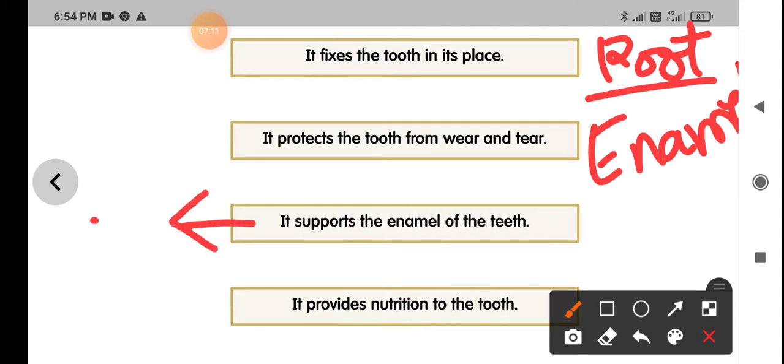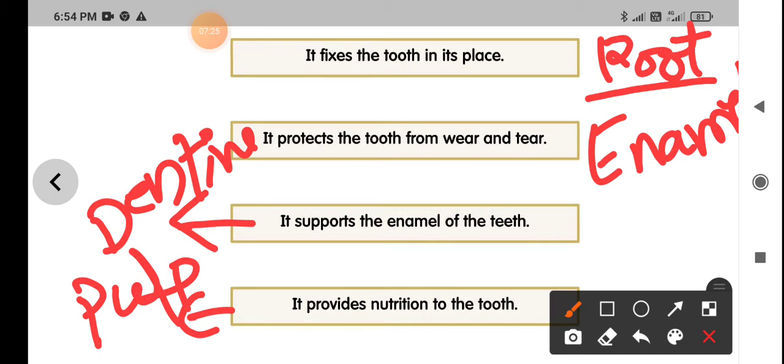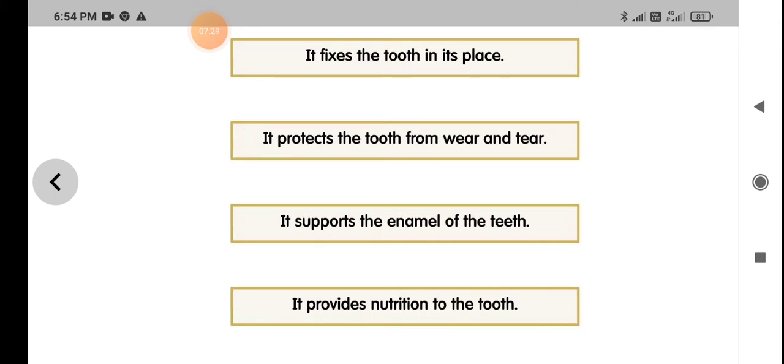Enamel is getting support from which layer? You know that it is dentine. It provides nutrition to the tooth. Which part is providing the nutrition to the tooth? Obviously it is the pulp part. So write answers for all these questions in your notebook as an activity.